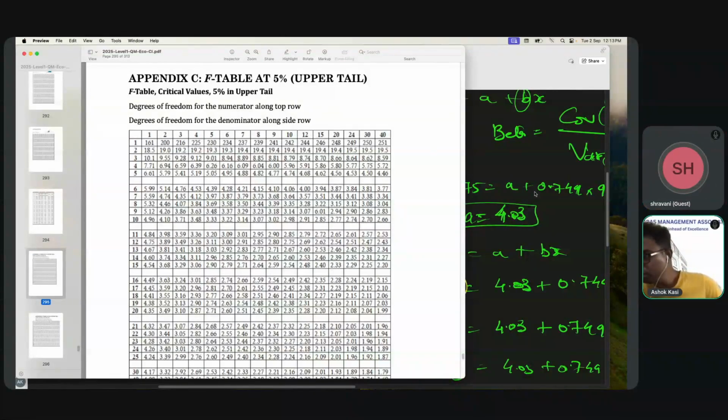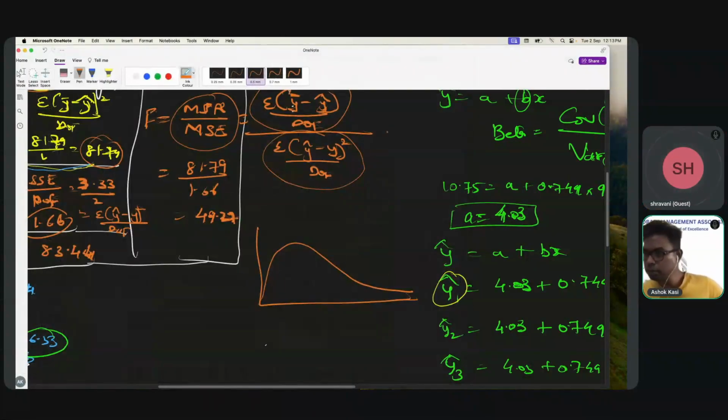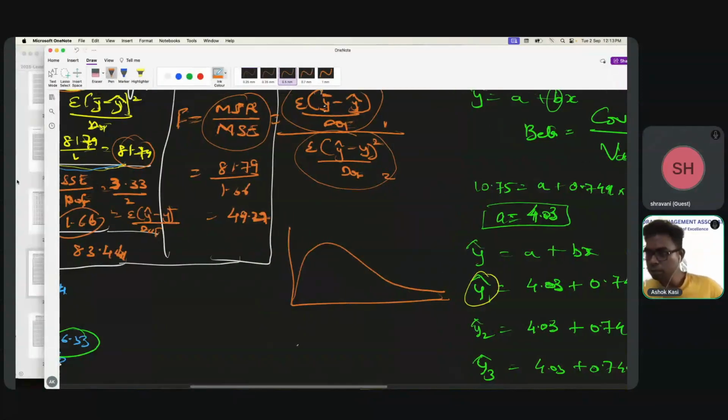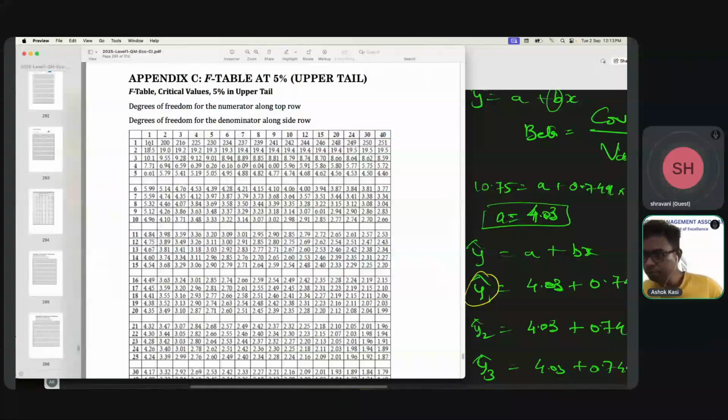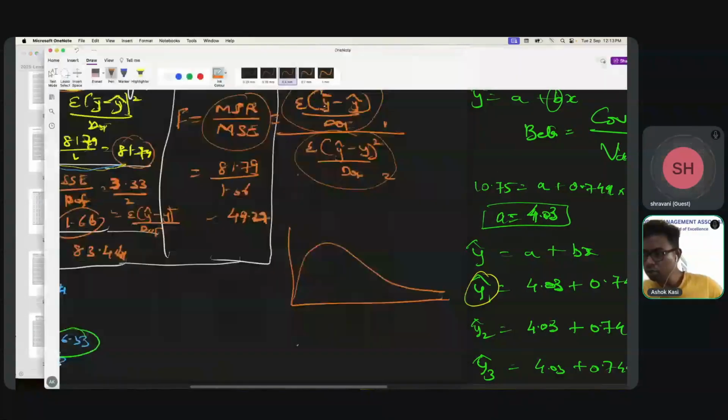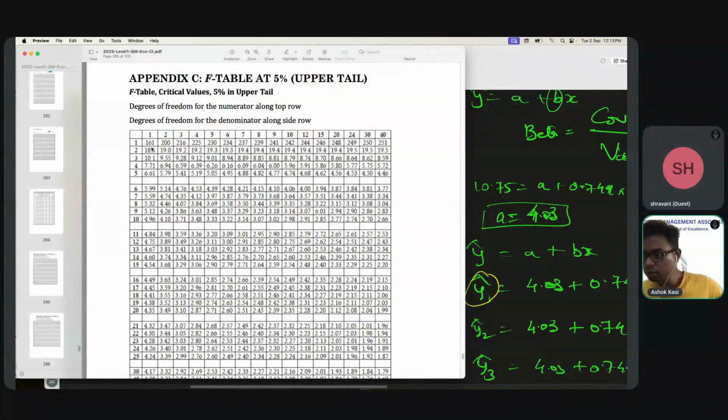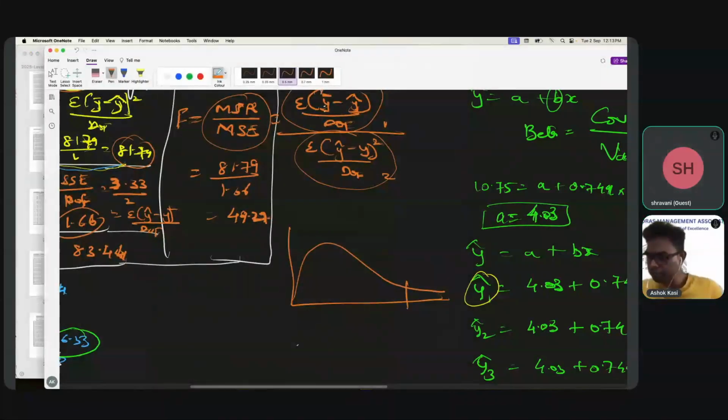Here, for the numerator, what is the degree of freedom? Degree of freedom for MSR is always 1, and this one is 2. The numerator goes along the top row, so 1, and the denominator along the side, so 2. So this is 18.5. 18.5 is the critical value, and our value is falling outside the range.